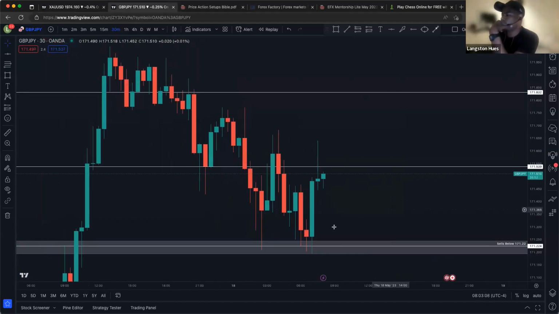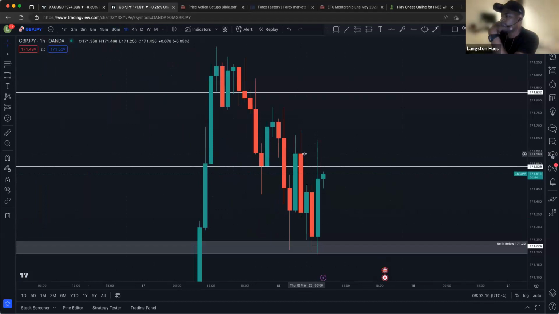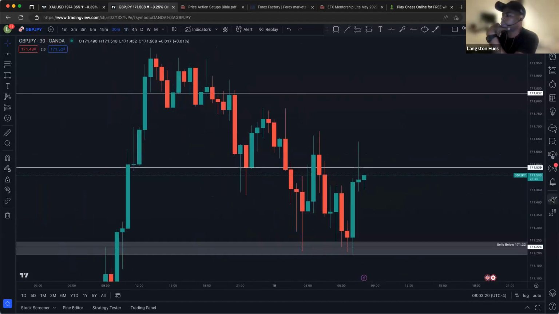British pound is rejecting. So the 30-minute rejected. The 1 hour rejected this level as well. Interesting.